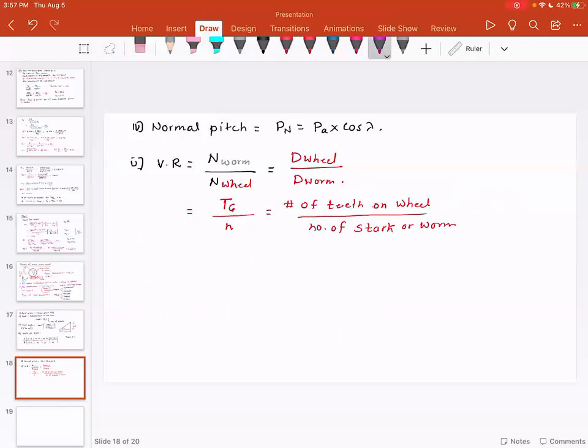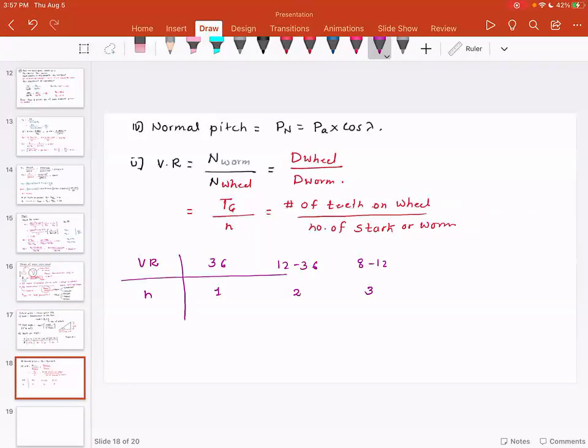And typical values for velocity ratios. If you have a velocity ratio of 36, which is quite high, the number of starts is usually 1. If it is 12 to 36, you get number of starts 2. 8 to 12, you get 3 starts.